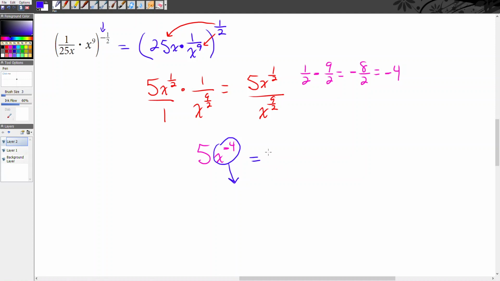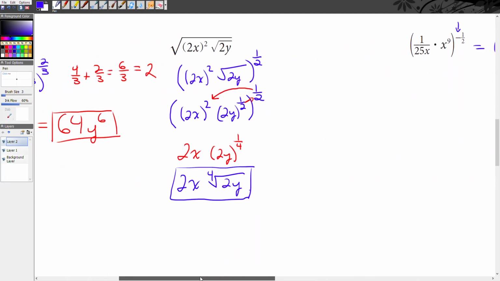So my final simplified expression is 5 over x to the 4th power. Because remember, after you move the variable that has a negative exponent, you remove the negative off the exponent. So this is my simplified expression.